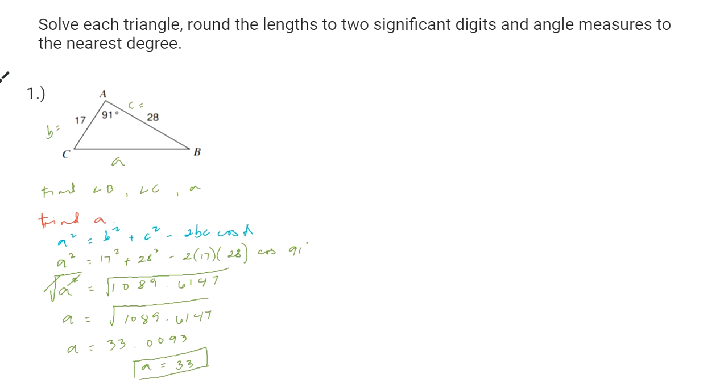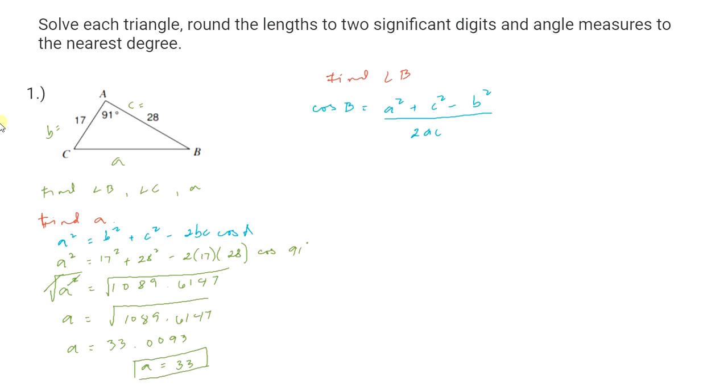Okay, let's find angle B. And in our formula, to find the angle B, we have cosine of angle B is equal to A squared plus C squared minus B squared all over 2AC. And this time, let's substitute all the given values to our formula.